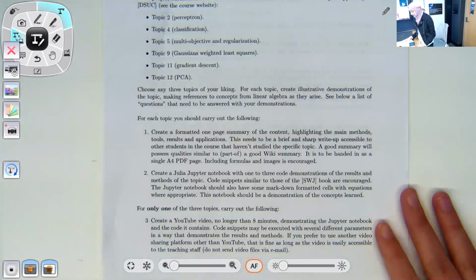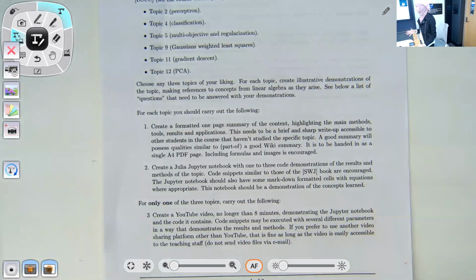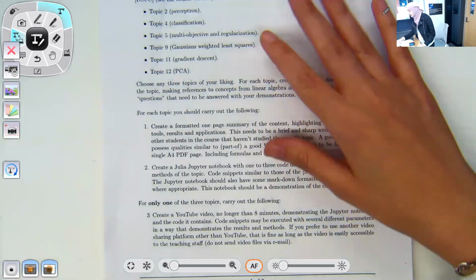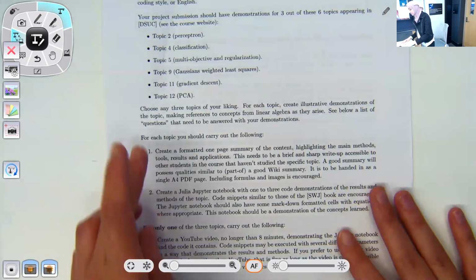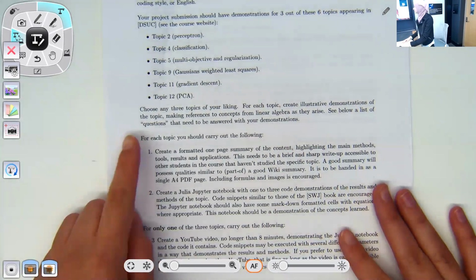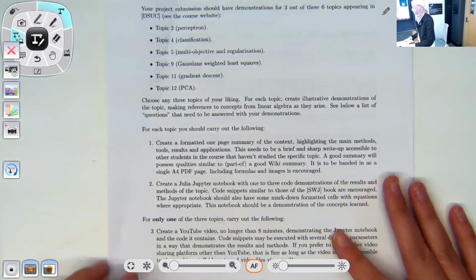And in part 3, you need to make a YouTube video, not more than 8 minutes. You need to take one of these topics, show Julia code, and explain one of these. This is about your project. So you need to submit all of these in one file.